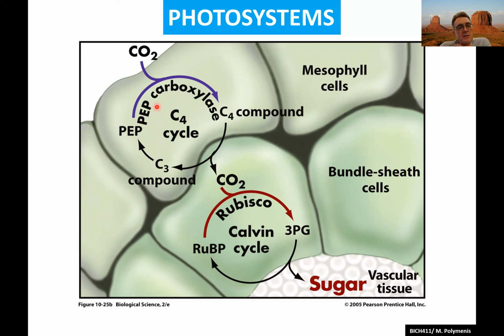So these are the two layers, let's say, of the leaf. Instead of putting Rubisco on the outer layer, which is going to get a lot of oxygen and drive photorespiration instead of the Calvin cycle, they do other reactions that we have already seen.